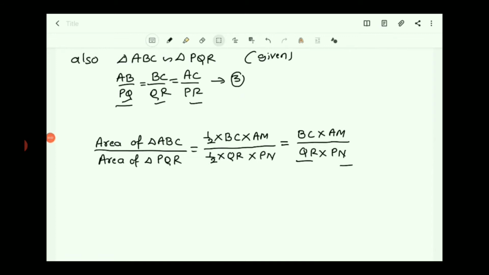From first you had that area of triangle ABC by area of triangle PQR is equal to BC by QR into AM by PN. Now in the place of BC by QR you write AB by PQ.